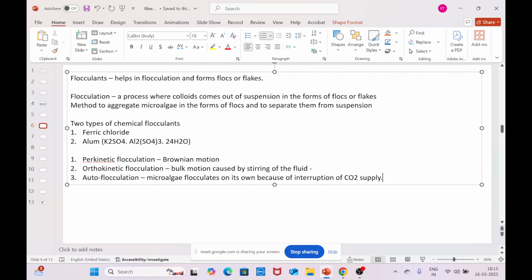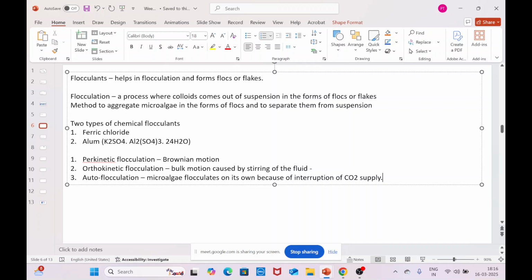As this aggregation keeps happening, when the size becomes bigger than a particular limit, the gravitational force becomes greater compared to the buoyancy force, so the particles tend to settle down at the bottom. This is the fundamental concept of flocculation.